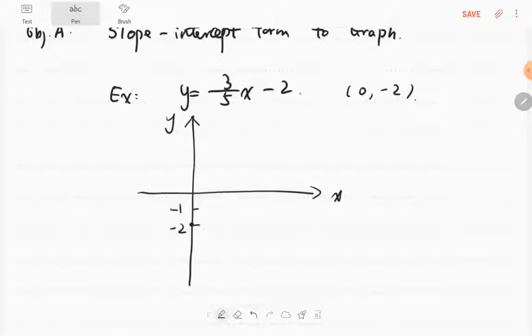Remember, what's the definition of slope? It is the change vertically divided by the change horizontally, or we will say change in y divided by change in x. So here we already know this is 3/5.